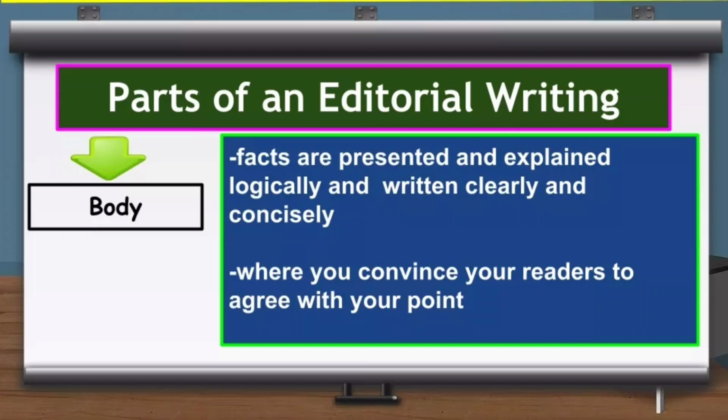You must support your opinion with facts in order for your readers to agree with your point. That is all about the body of the editorial, that you need to provide an argument supported with pieces of evidence.